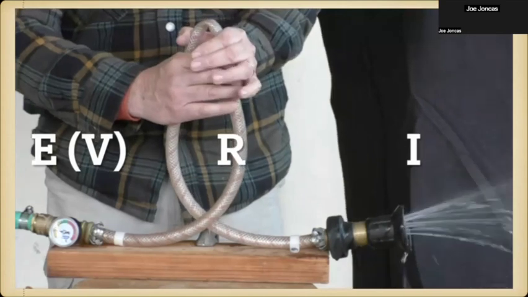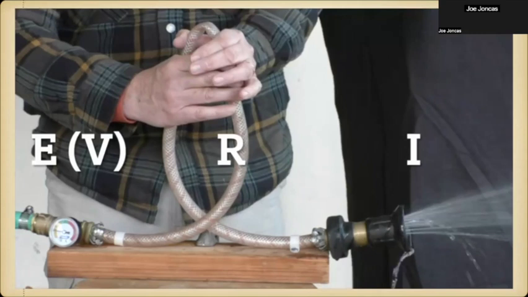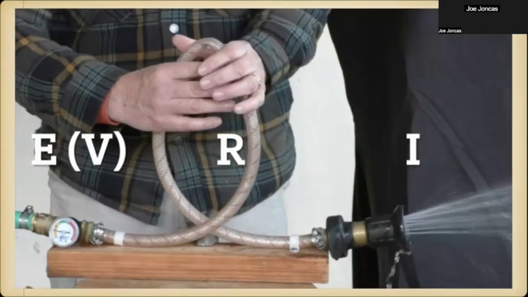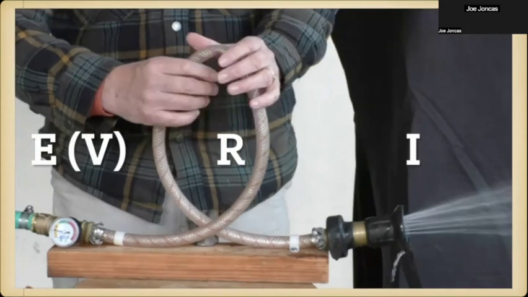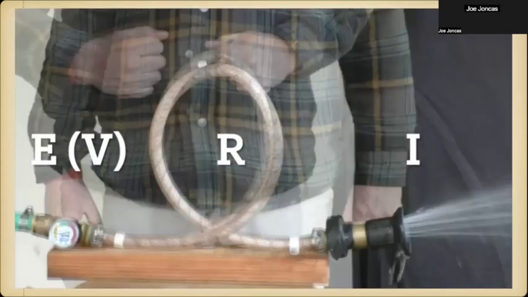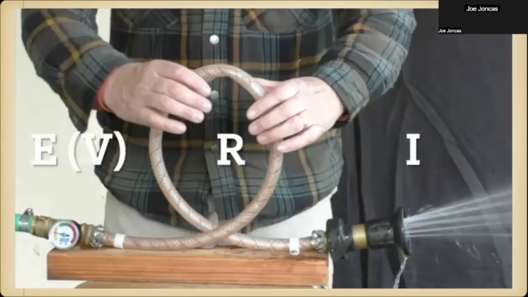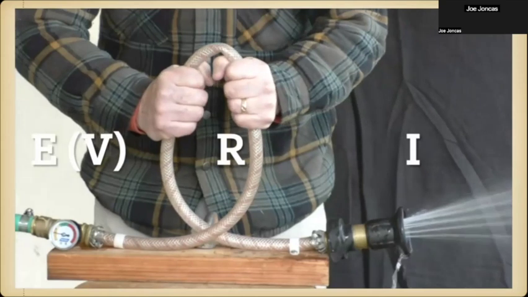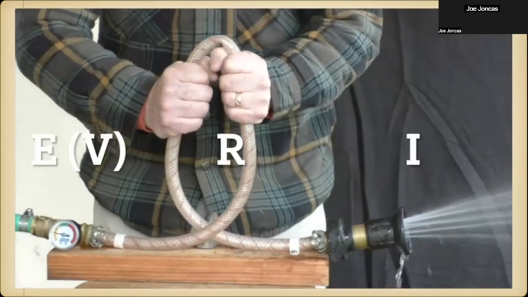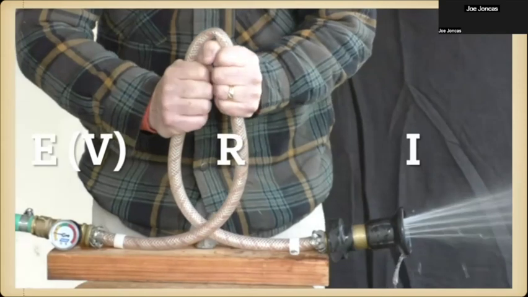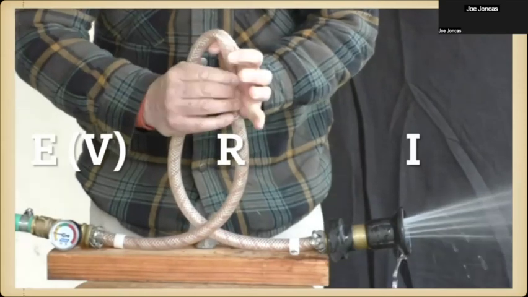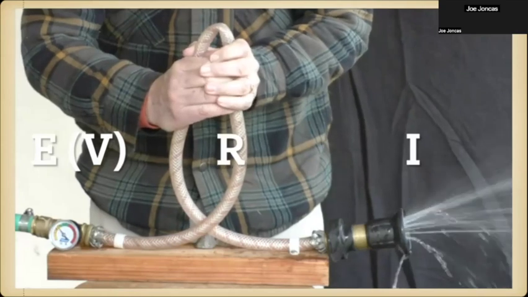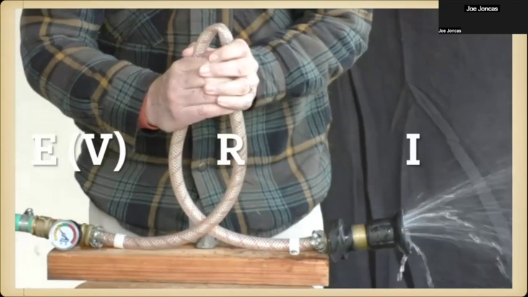So that might be a million ohms, and then it gets less and less until it's flowing like it's just a wire. And we'll show you again. The voltage is staying pretty constant on the left, and the resistance is increasing in the middle. After you get a certain amount of resistance, you can see the current on the right-hand side starting to drop off.